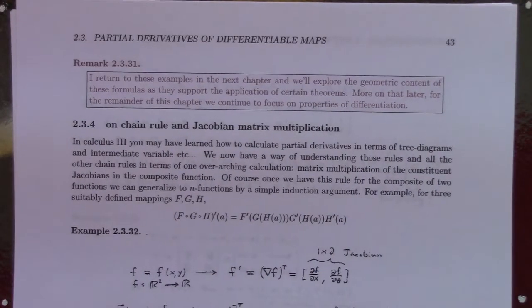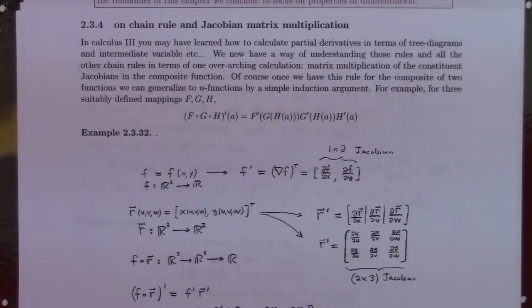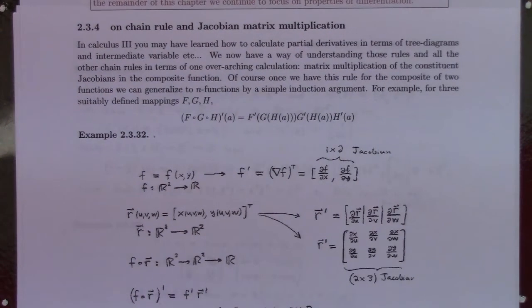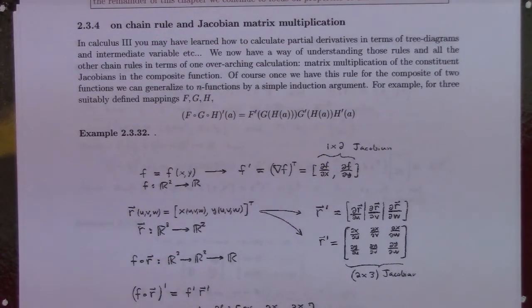The other thing we should connect back with is the chain rule. We derived the chain rule for normed linear maps, but now we can connect with the Jacobian matrix, and we can see some of the chain rules you were taught in Calculus 3 coming from matrix multiplication, like this one.